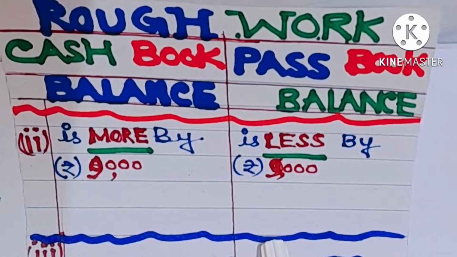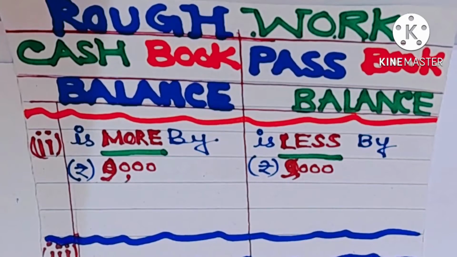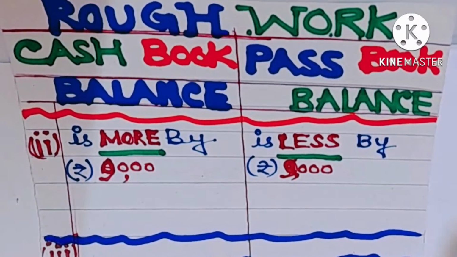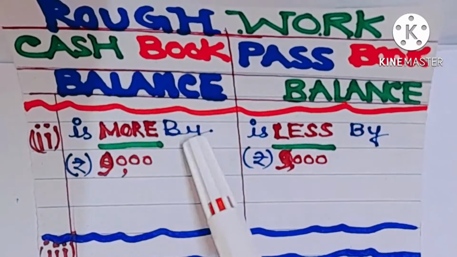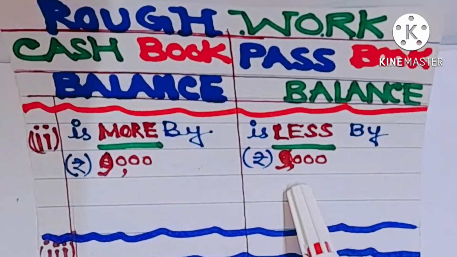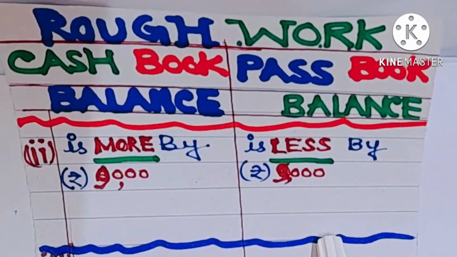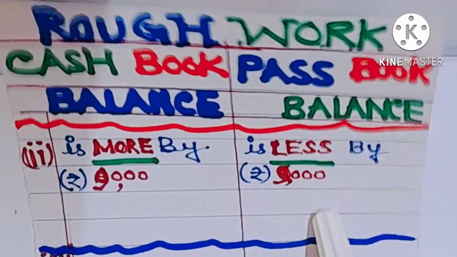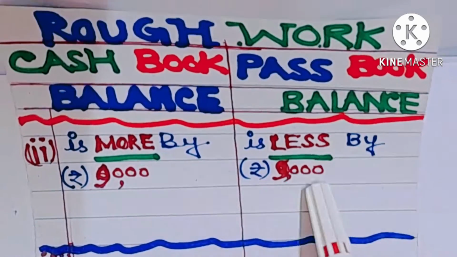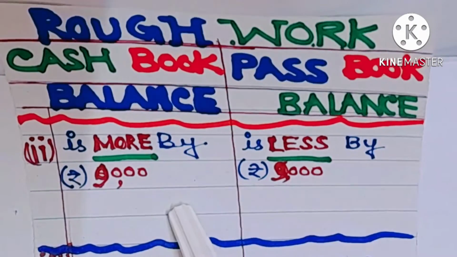But the passbook balance will remain the same. Why? Because the check was sent to the bank for collection but not yet credited by the bank. So cash book is more by rupees 9,000, but passbook is less by rupees 9,000. Why? Because the bank has not yet recorded rupees 9,000 in the credit column or deposit column of the passbook. So passbook balance is less by rupees 9,000, but cash book balance is more by rupees 9,000.